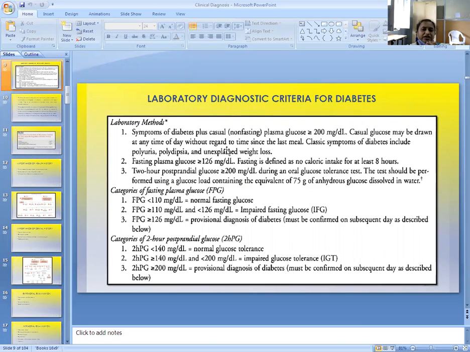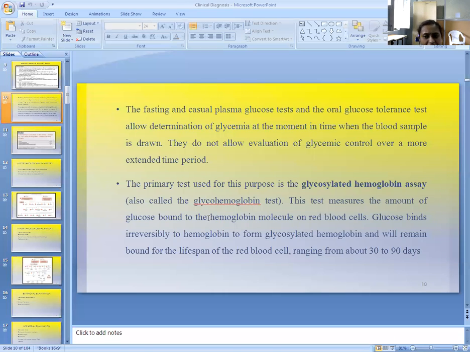For laboratory diagnostic tests for diabetes mellitus, if you are suspecting it, then you have to ask the patient to go for a fasting blood glucose level, then postprandial or random. It should be lesser than 126 mg/dL. So you have to ask the patient for this diagnostic test. Other than that, if the patient already has diabetes mellitus, then your test will change. You need not go for a diagnostic test, but you have to go for a monitoring type of test, monitoring the blood glucose level.